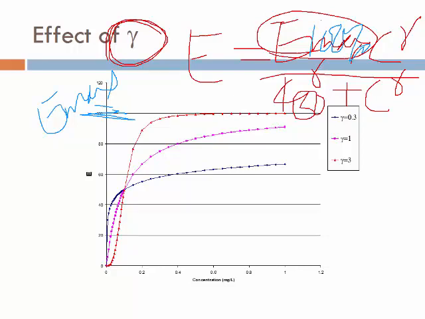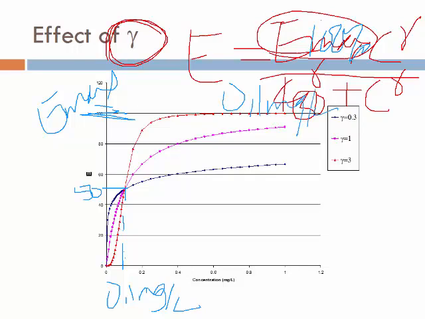And I fixed our C50. So where's the C50? Well, at the effect of 50%, our concentration here is 0.1 milligrams per liter. So I fixed the C50 to be 0.1 milligrams per liter.